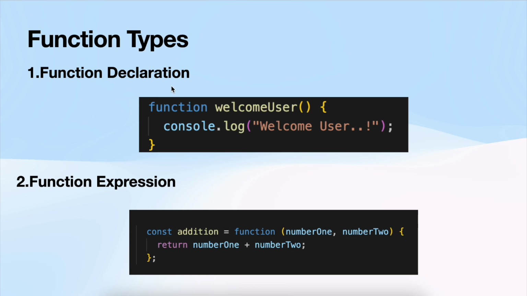Basically, function declaration is nothing but the traditional function that we write: it accepts some inputs, processes them, and returns some value. And function expression is nothing but a function whose result we are storing in some variable. That is called function expression. Let's go ahead and see that in the editor.